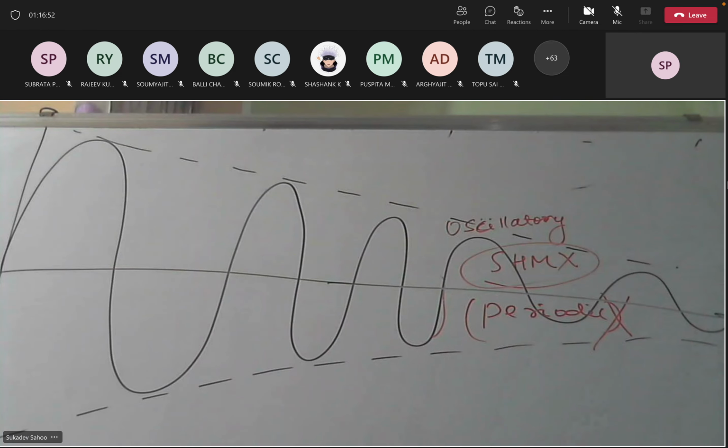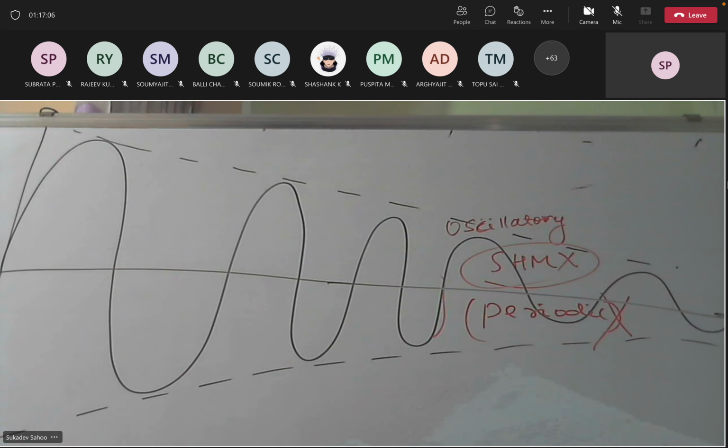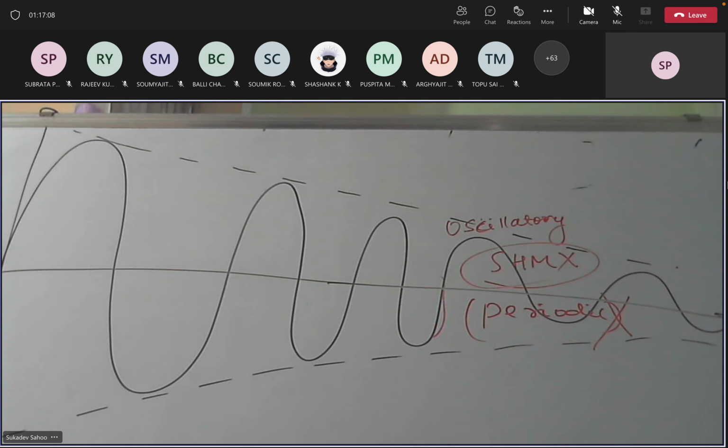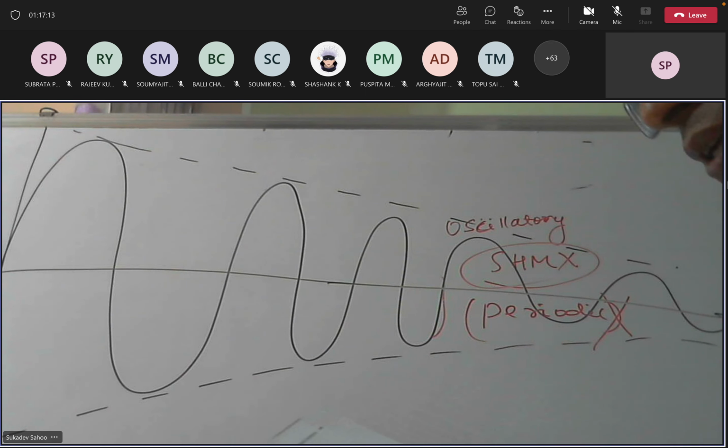Now, if you are interested, you can note down one or two sentences here. Although the amplitude decreases exponentially with time, the weakly damped oscillator executes some sort of oscillatory motion.